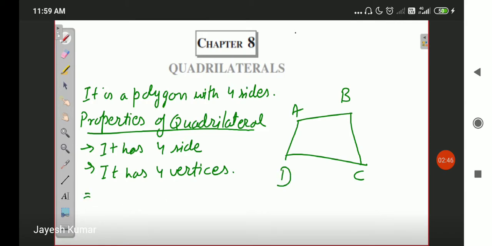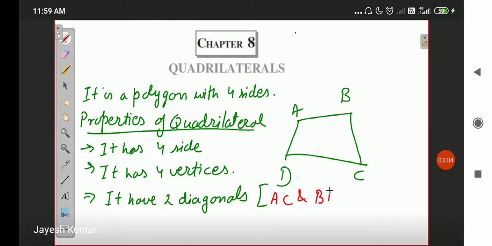Apart from this, it has 2 diagonals. For this case, the diagonals will be AC and BD. This is AC, this is BD. These are called diagonals of the quadrilateral.